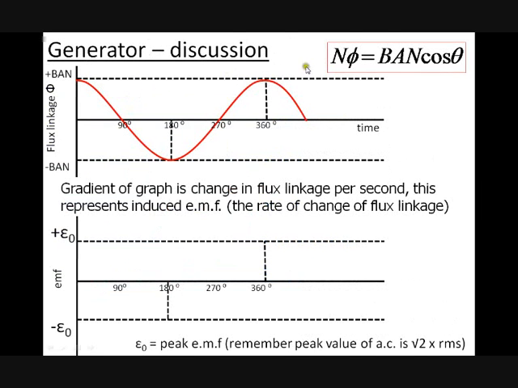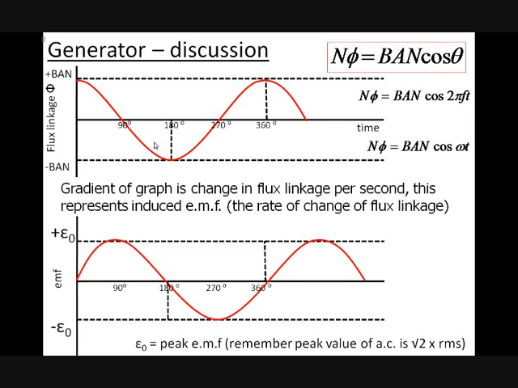Okay, if we look at the two graphs again, this is our cosine graph, so this is the flux linkage equals BAN cos theta, and what we've talked about is the EMF is the rate of change of the flux linkage. Now that is the gradient of this graph. So if you do maths, you should think that the gradient of a cosine graph is a minus sine.